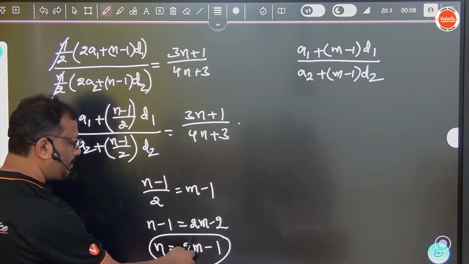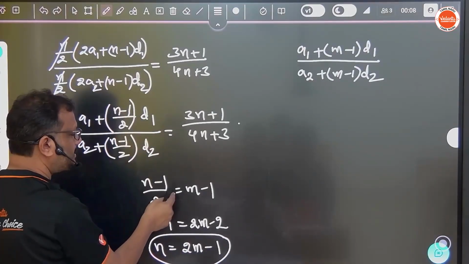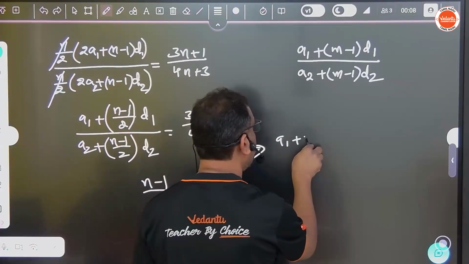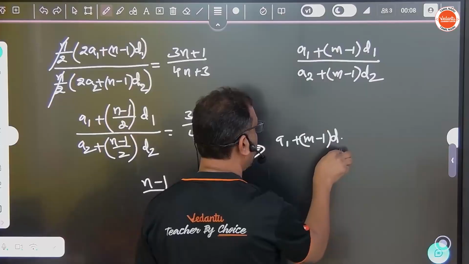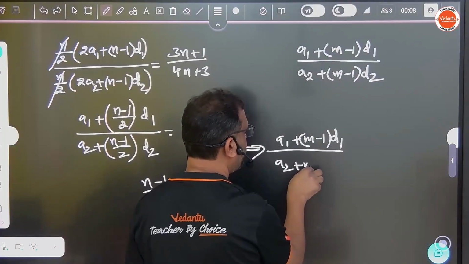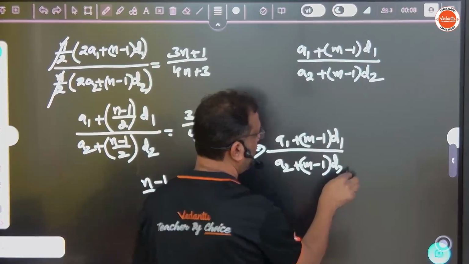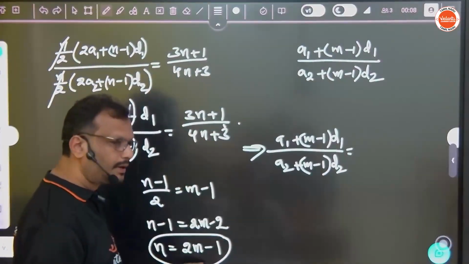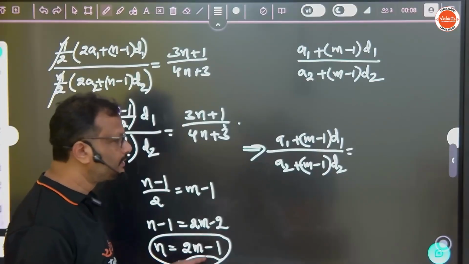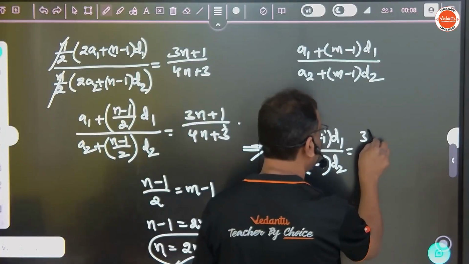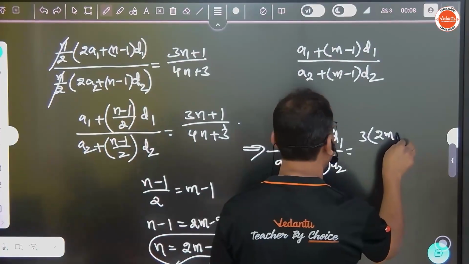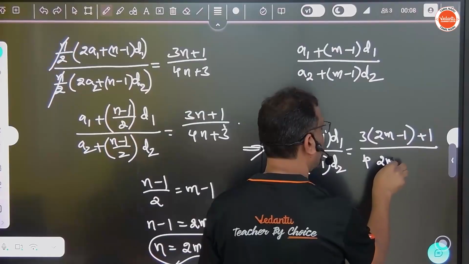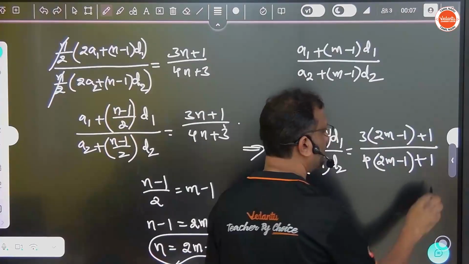If you replace n by 2m minus 1, this becomes m minus 1. So from this, what do we get now? A1 plus m minus 1 into D1 by A2 plus m minus 1 into D2 is equal to, in place of n, replacing with the 2m minus 1 value: 3 times 2m minus 1 plus 1, by 4 times 2m minus 1 plus 3.